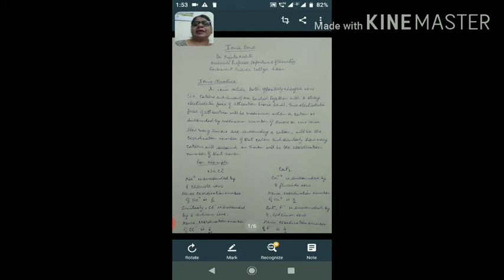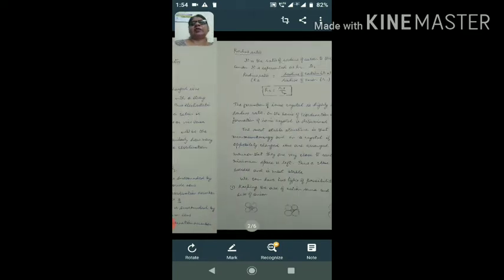Another example, calcium fluoride. In calcium fluoride, a calcium ion is surrounded by 8 fluoride ions and a fluoride ion is surrounded by 4 calcium ions. Thus, the coordination number of the calcium ion is 8 and for the fluoride ion it is 4.